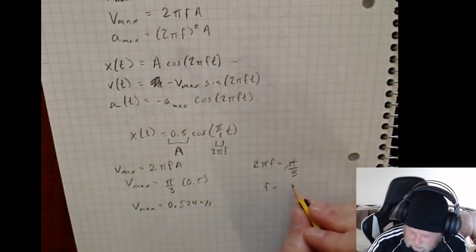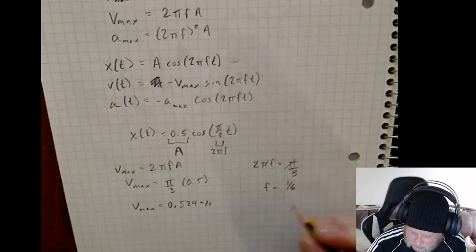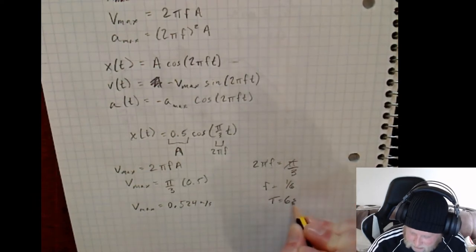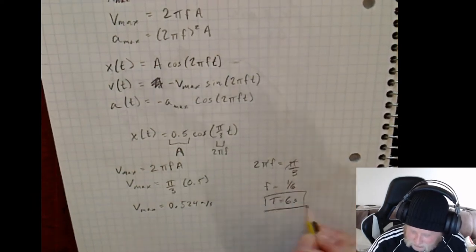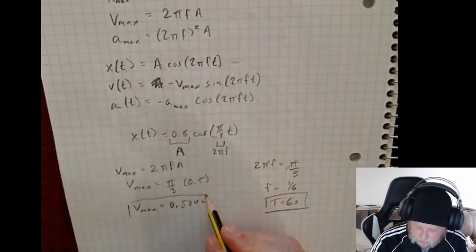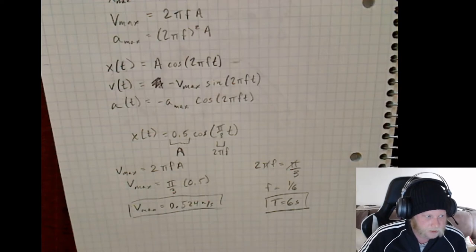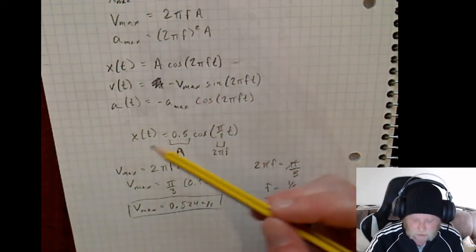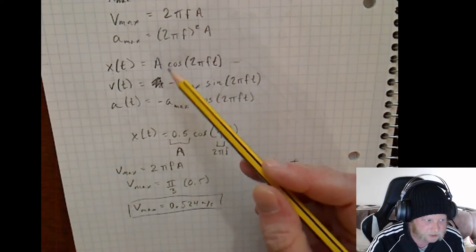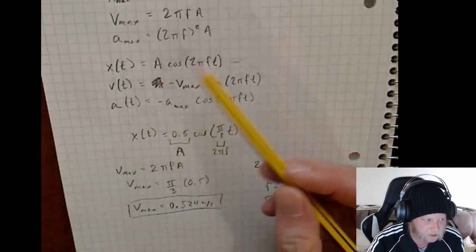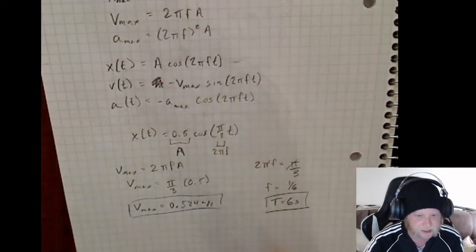Frequency is equal to 1 over 6, which means that your period is 6 seconds. All right, so again, the key is looking at that function that they give you in terms of what A is represented by in there and what your 2 pi f is represented by in there.